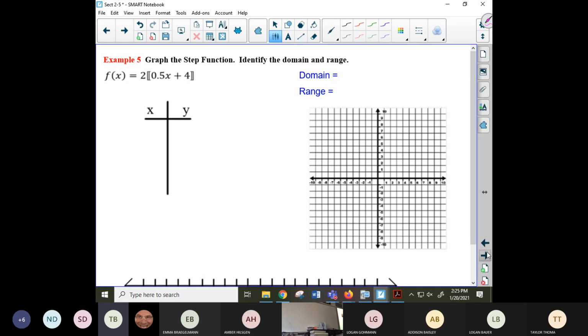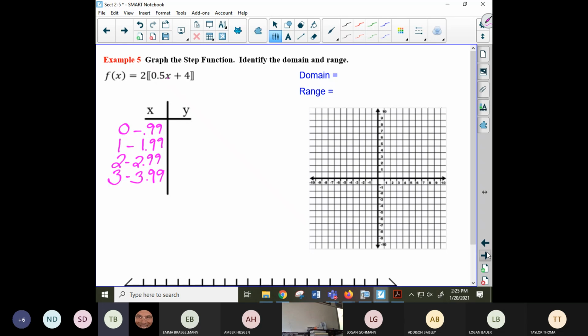This one is a little bit different because you have two things inside of there. So again, I'm going to go 0 to 0.99, 1 to 1.99, 2 to 2.99, and 3 to 3.99. Now again, I put the whole number in there. 0 times anything is 0. 0 plus 4 is 4.